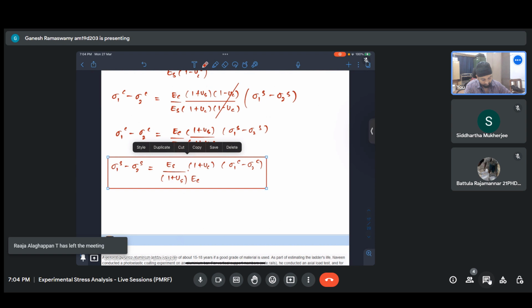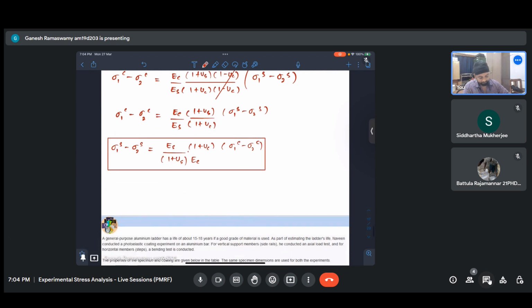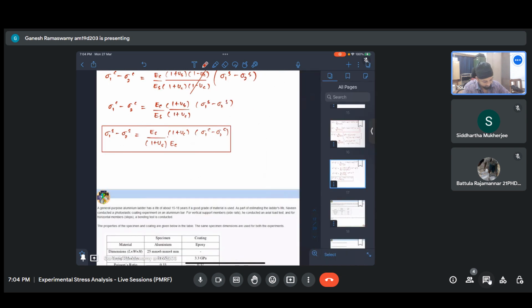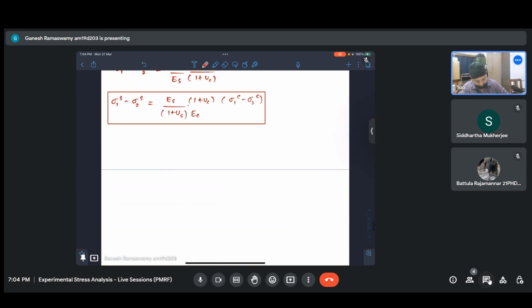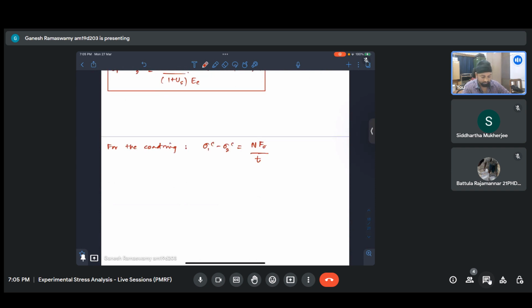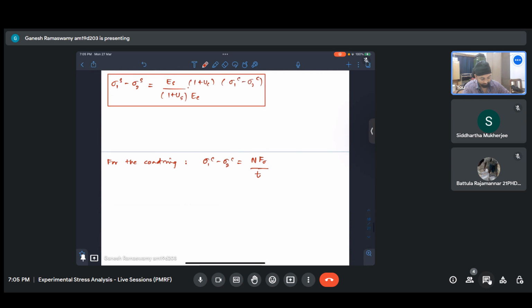Now that we have done that, we have another relation, that for the coating we have sigma 1c minus sigma 2c is nf epsilon, or rather nf sigma by T. If I were to replace this with strain components, then I would be getting essentially twice this.